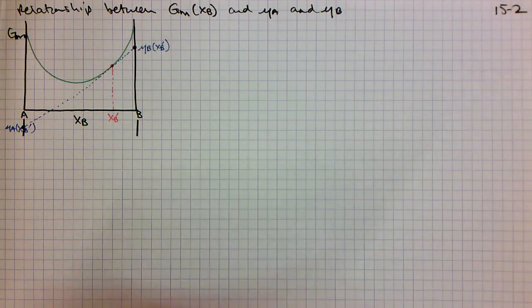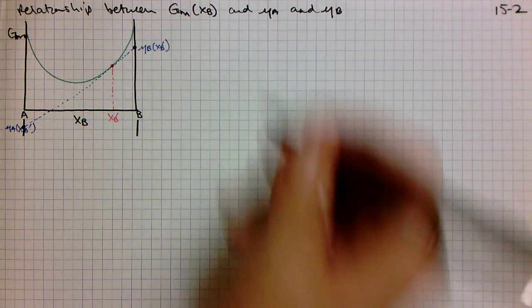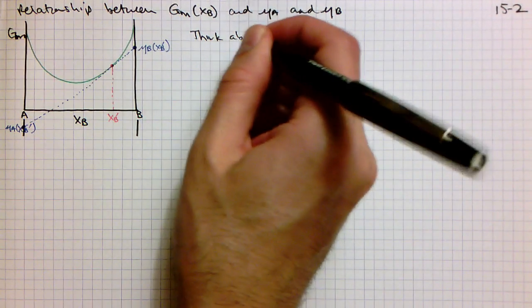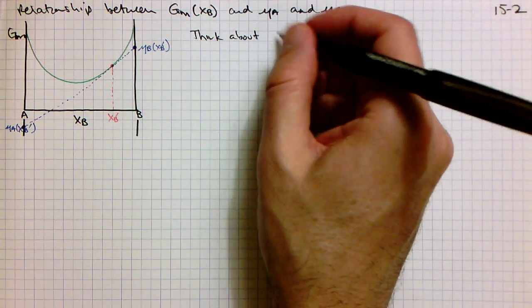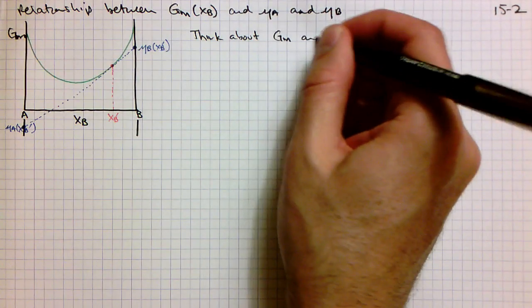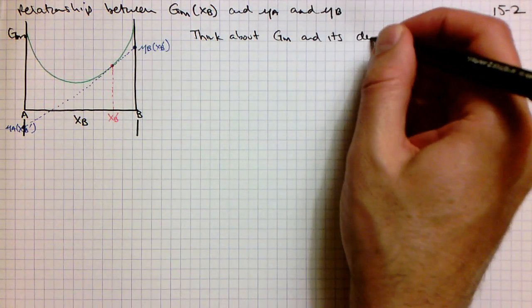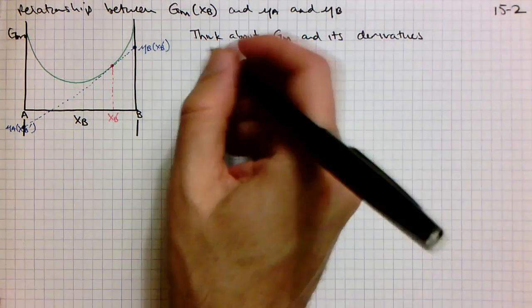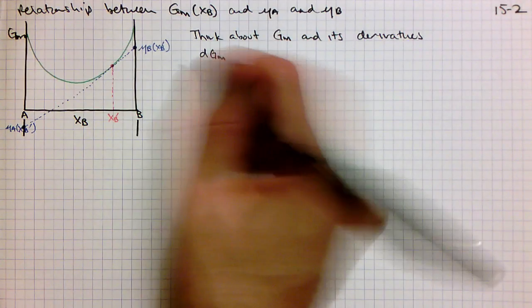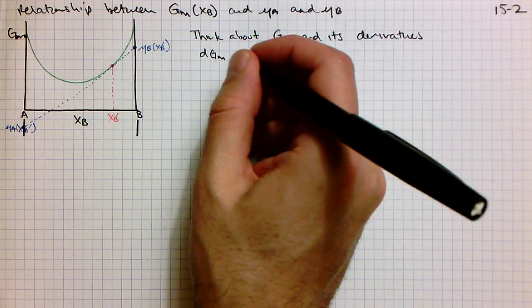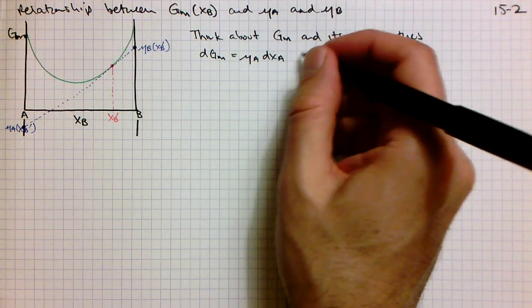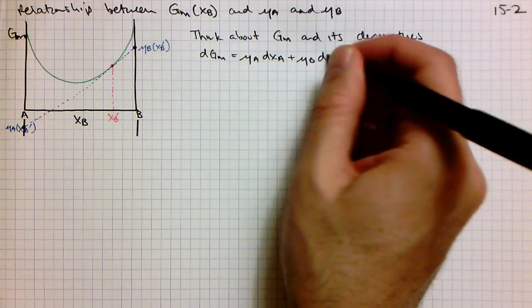So how can we show that this is the case? Here I've just asserted it, I haven't demonstrated it, but let's first start by thinking about Gm and its derivatives. So we know that dGm, right, the differential of Gm, must be equal to mu A times dxa plus mu B times dxb.